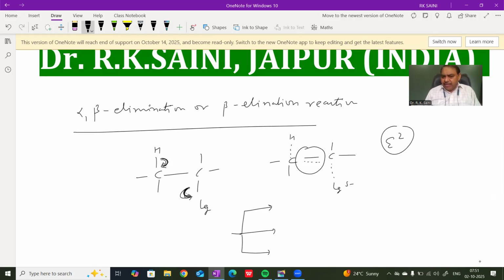On the basis of alkene character, we decide the major product as well as the rate of reaction.